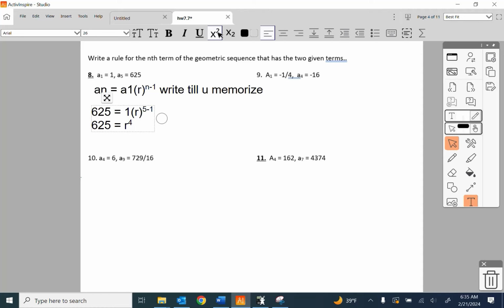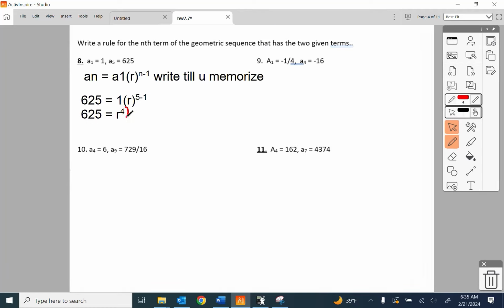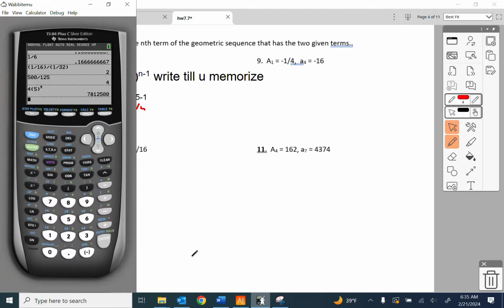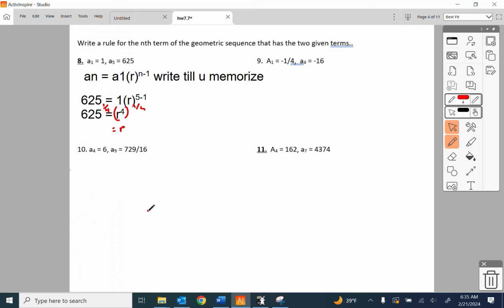The opposite of the 4th power is the 1/4 power. Now, you're going to be surprised at this, but the 4th root of 625 is 5. Ta-da! So r is 5.